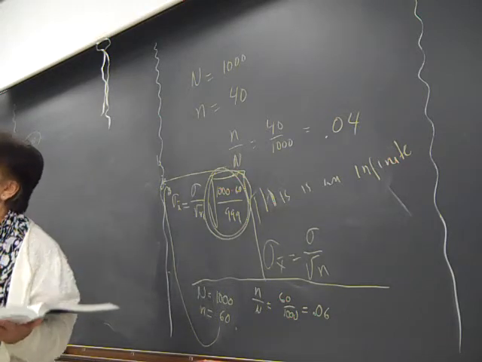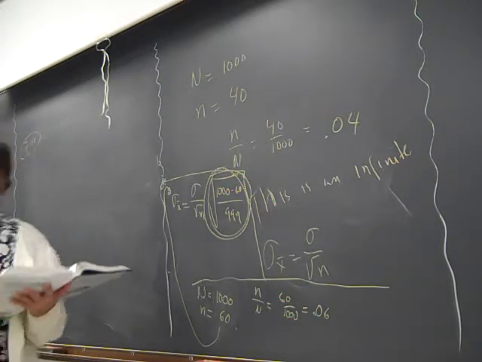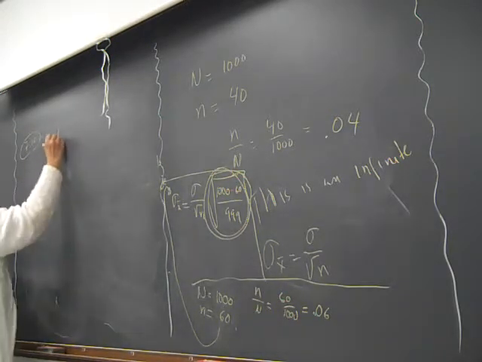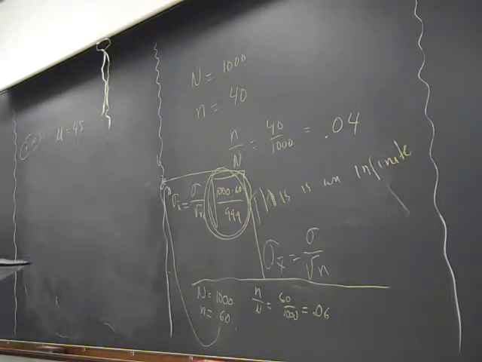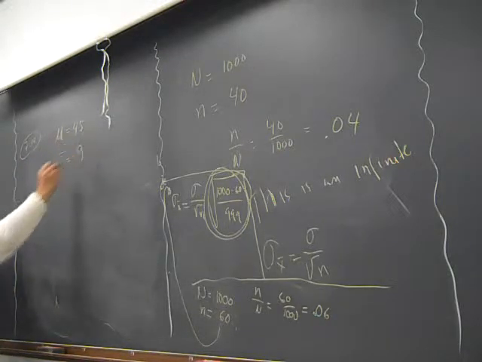What is the population mean? Remember, it's mu. Mu is equal to 45, and the standard deviation equal to 9. So the standard deviation of the population, sigma, is equal to 9.